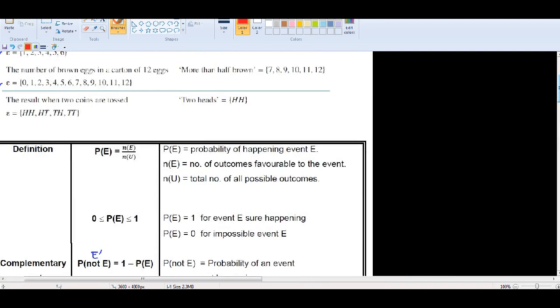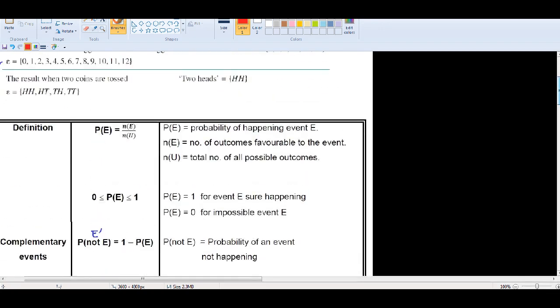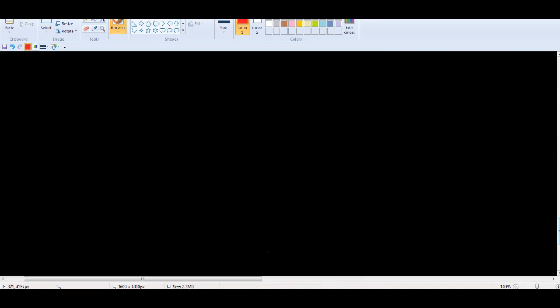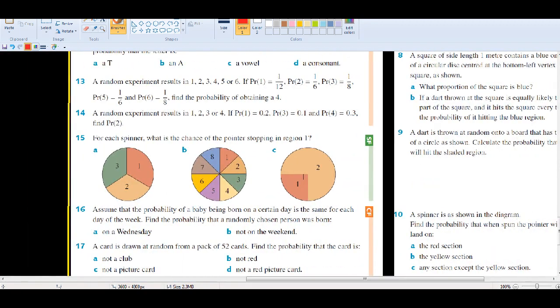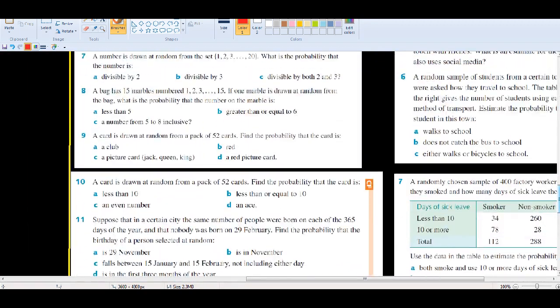You need to think of that event as a subset of the sample space. And the number below would be the total number of elements in the sample space. You need to develop that kind of thinking, then it will be easier for you to get the answer quickly.